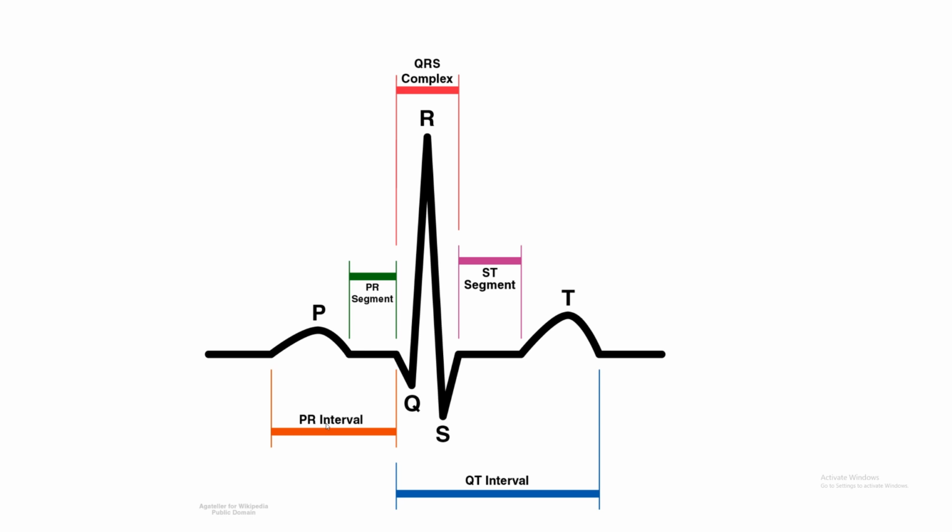So the normal PR interval is between 0.12 and 0.2 milliseconds, right? And the PR segment, that's not something we typically measure. Maybe cardiologists measure the PR segment in particular, but usually we just measure the PR interval if you're not specializing in that and you're not a doctor.